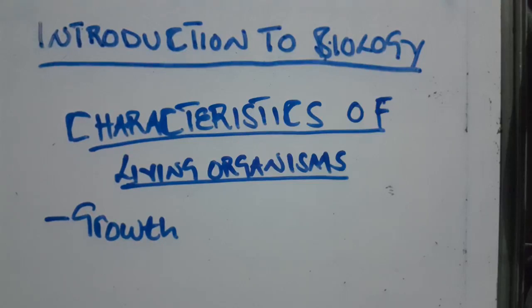So growth, by definition, is simply a permanent increase in size of an organism, and a change is seen in mass as well. So growth is just simply a permanent increase in an organism. Okay, so that is growth.